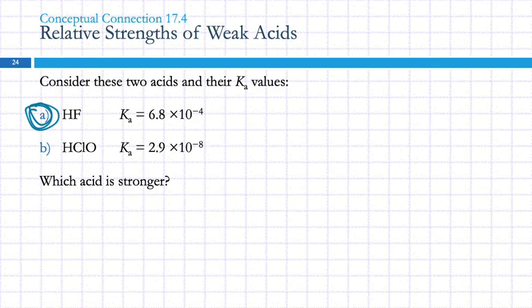Scientific notation can mess you up sometimes because here, these are negative exponents. And so with the negative exponents, the smaller the number, the bigger the whole thing is. This has a larger negative exponent, and so this is a smaller number. Any questions?